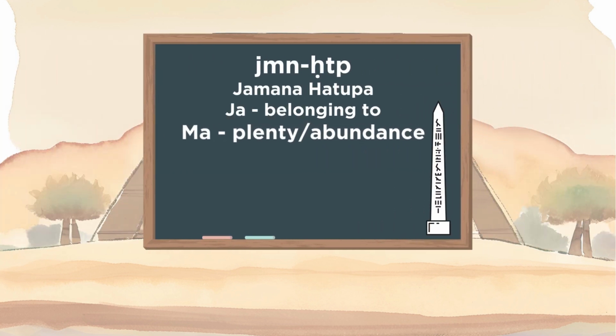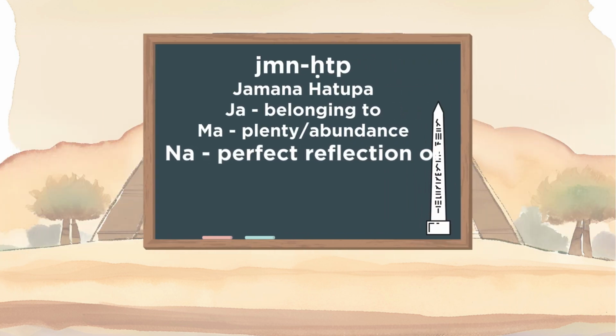Ma is a synonym for plenty or abundance. Na is a synonym for perfect reflection. The spiritual meaning for Jamana is the perfect reflection of belonging to contentment or abundance.